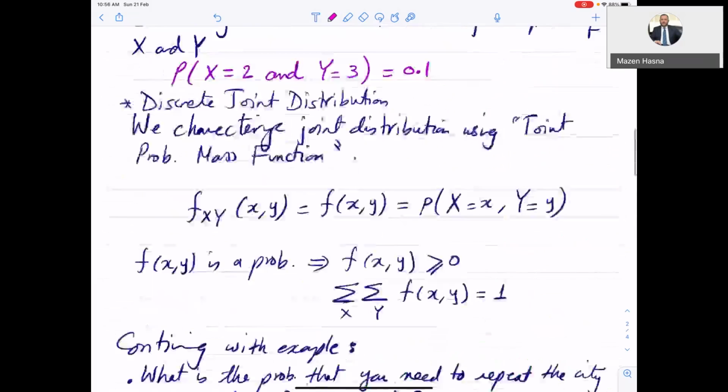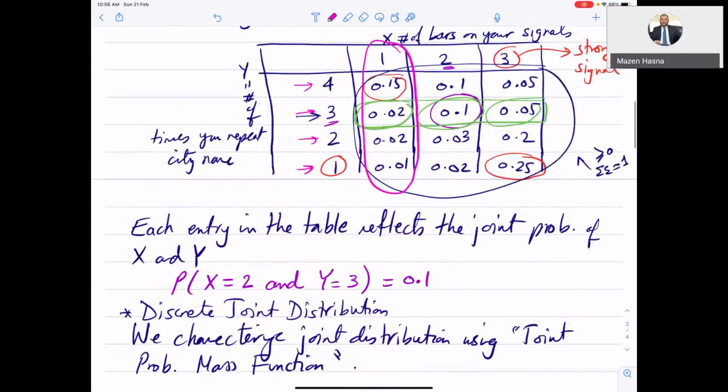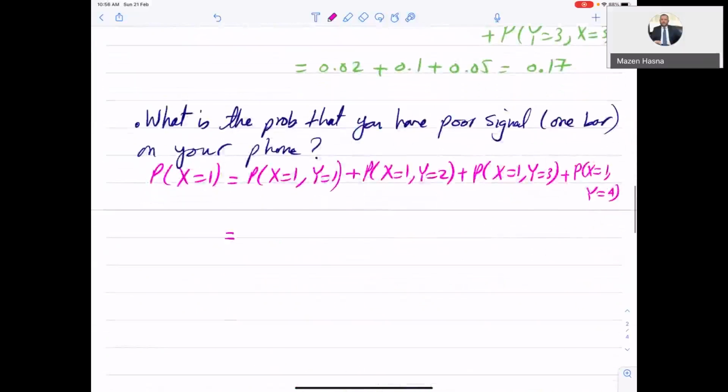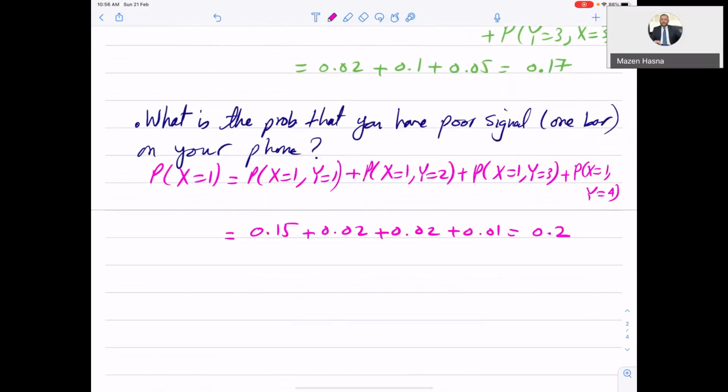And then we need to sum all of those probabilities: 0.15 plus 0.02 plus 0.02 plus 0.01, which is 0.2.